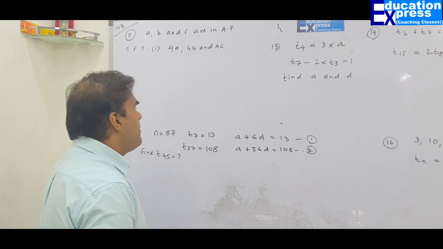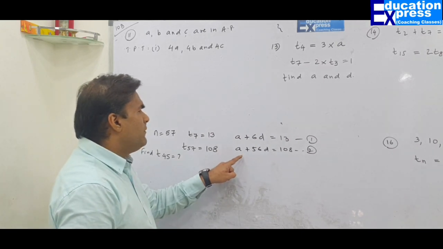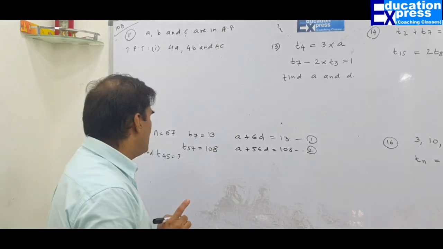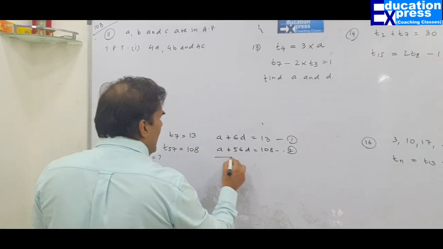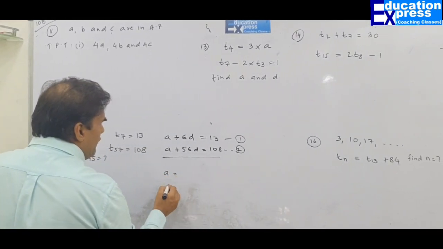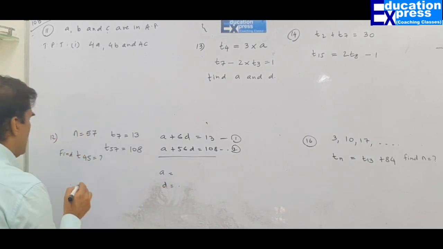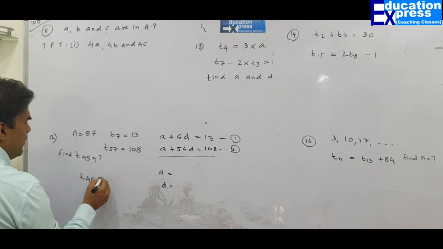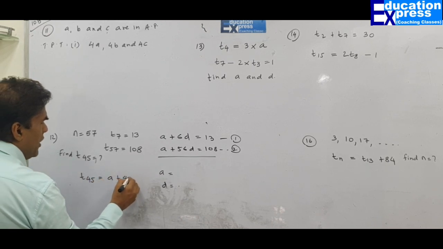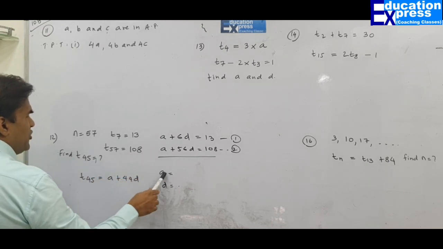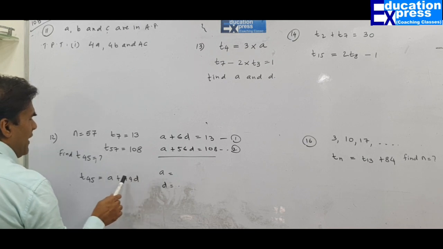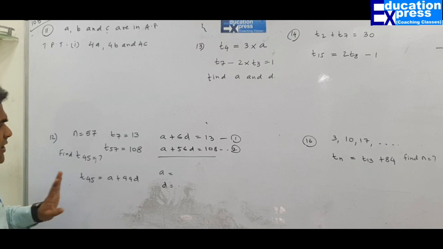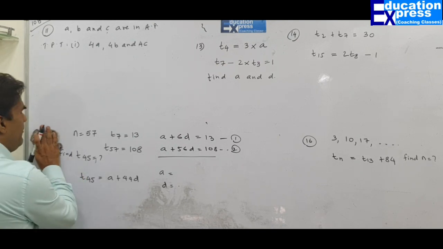You all know how to find the value of a and d by solving simultaneous equations. Once you find a and d, please find the 45th term. It will be a plus 44d. Substitute the values of a and d, and you get the answer. So that is your question number 12.